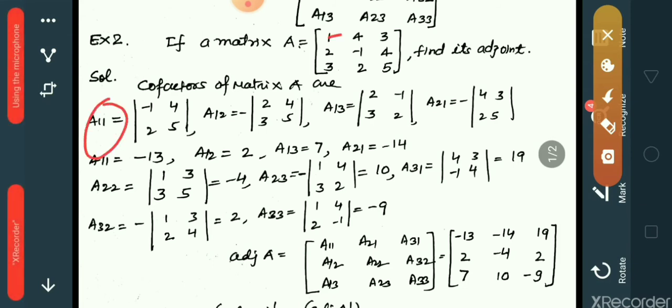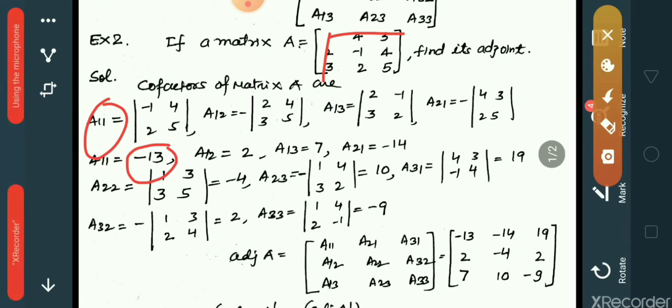We strike out all the elements lying in the first row and first column. Now you have a determinant of order 2 cross 2, minus 1, 2, 4, 5. Now expanding, minus 5 minus 8 will be minus 13, and here the index of A11 is 1 and 1 plus 1 is 2, which is even. So minus 1 to the power 2 will be positive. So A11 is equal to minus 13.